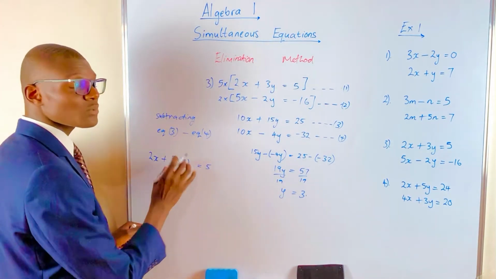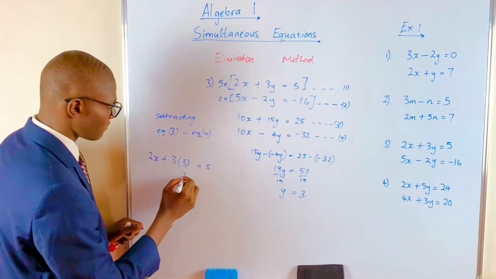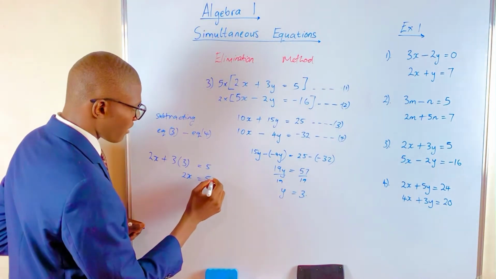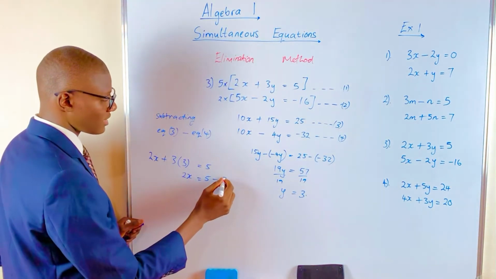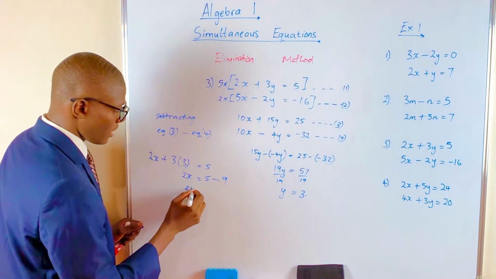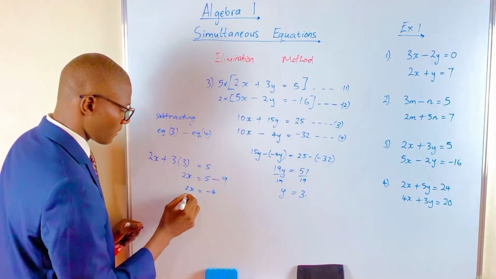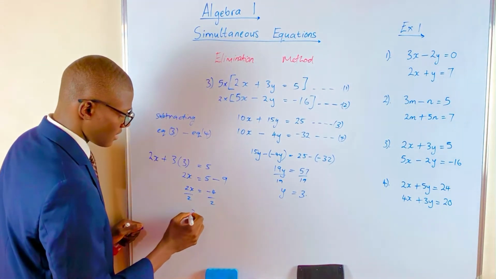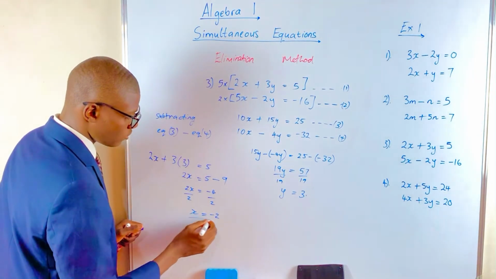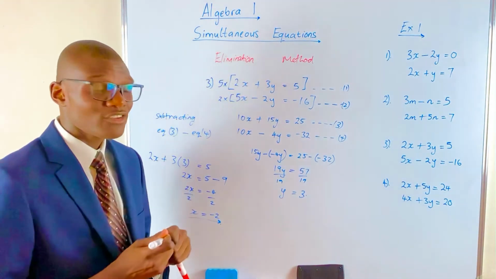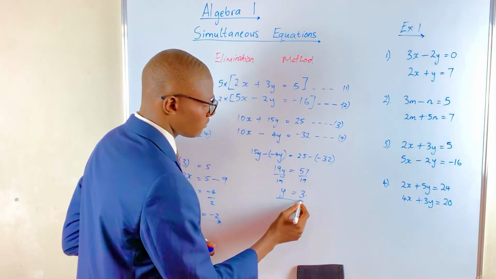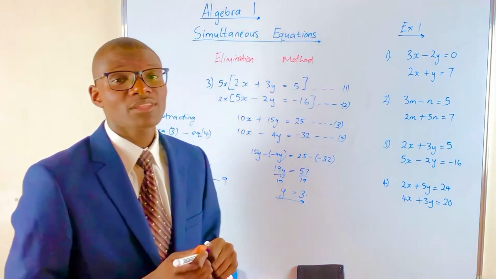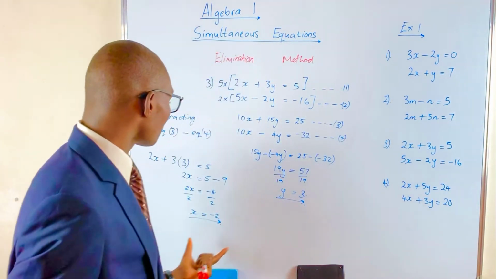And then this, we take it to the right hand side, such that we've got 2x is equal to 5 minus 3 times 3, that gives us a 9. So 2x is equal to minus 4. And then solving for x will be equal to minus 2. So x is a value of minus 2 when y is a value of 3. So those will be the values of our two unknowns.